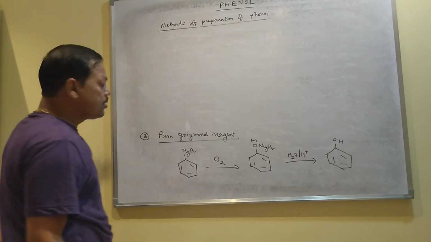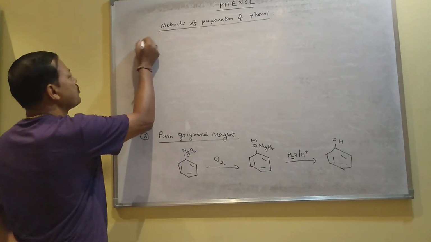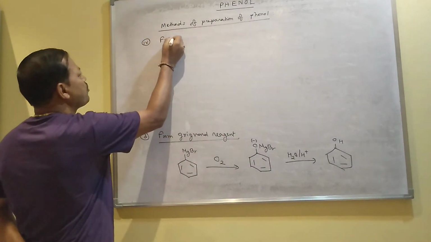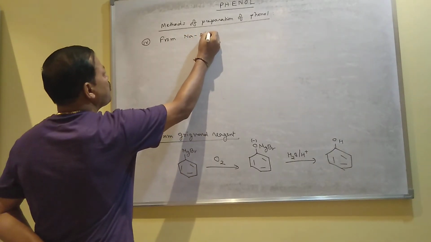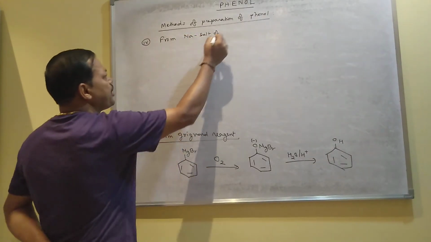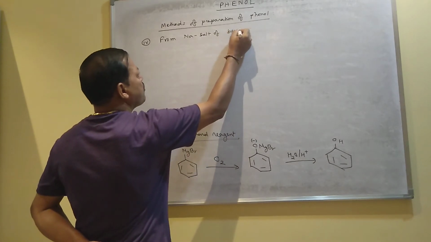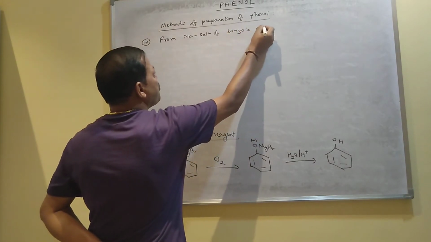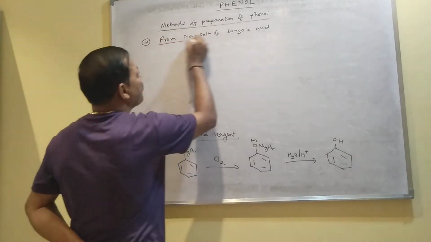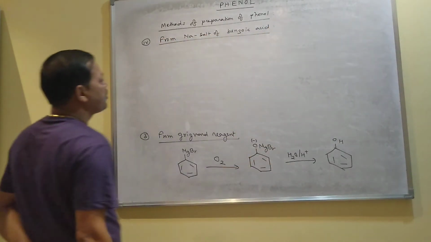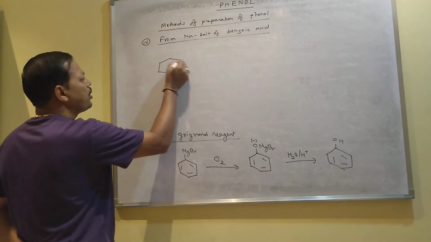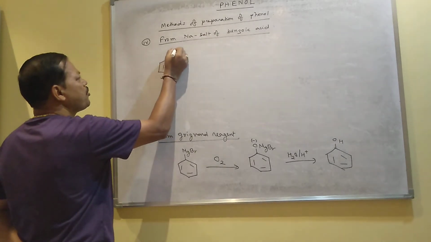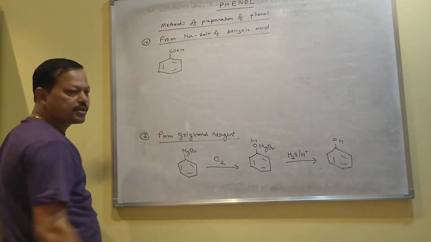Now another method, number 4, from sodium salt of benzoic acid. You know benzoic acid means when benzene contains a carboxylic acid group, COOH.